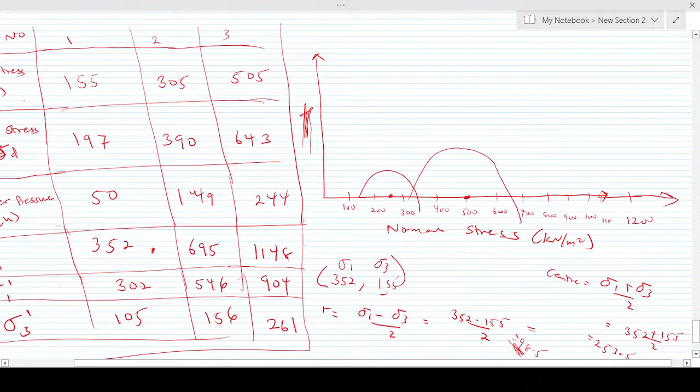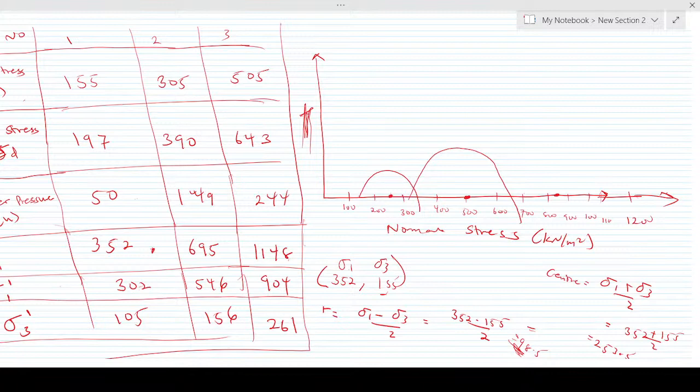Then for the last point, we have the center to be 505 plus 1148 divided by 2. That gives 826.5. Then 826 is somewhere here. So you stand somewhere here. Then you find your radius, which is 1148 minus 505, then divide by 2.